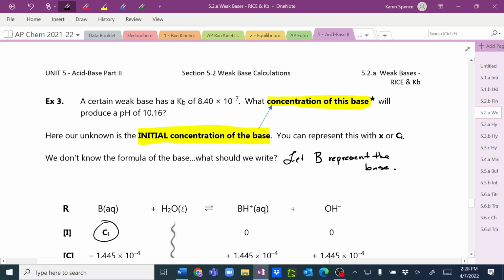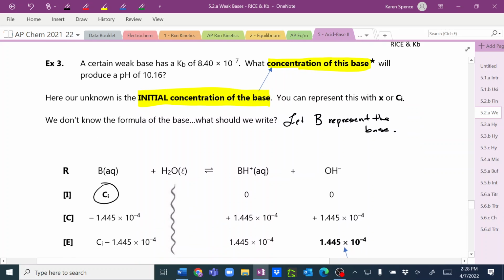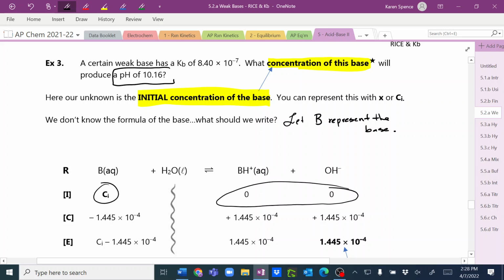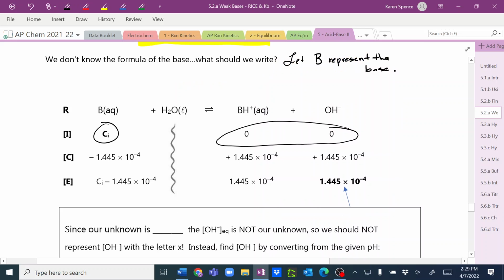Our initial concentration is our unknown. As always, the initial concentrations of the ionized stuff are 0 and 0. We are given a pH, which means that we need to convert that into pOH and then OH minus.